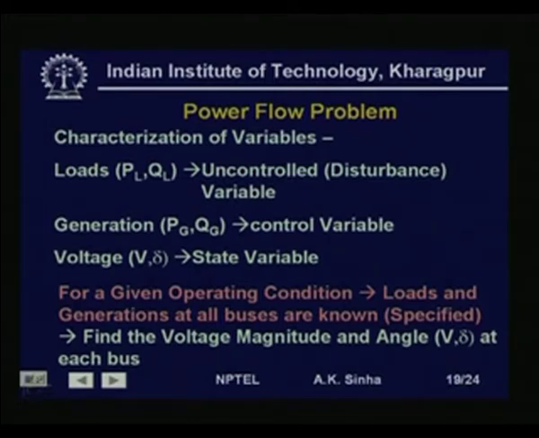That is, given the disturbance variables and the control variables, if these are specified, find out the state variables. What we need is to find out, for these generation and loads, what is the voltage at various bus bars, and once we know this, then we can calculate all the line flows and all the other variables.